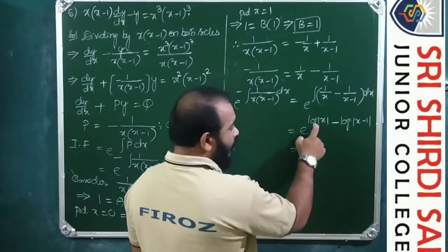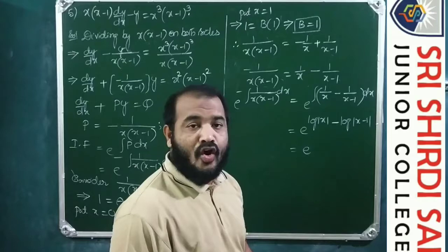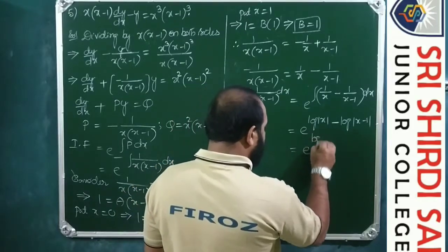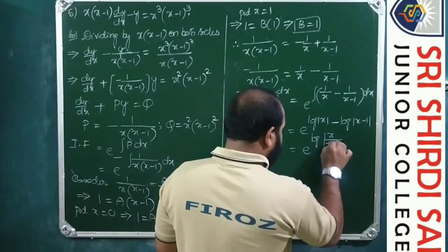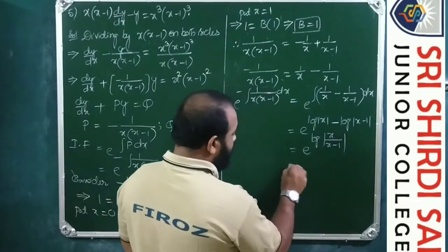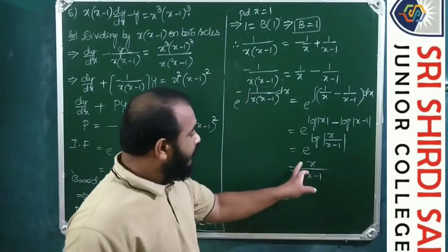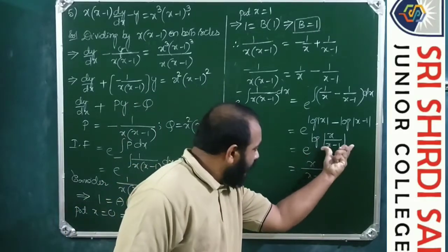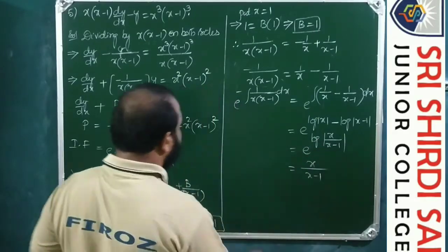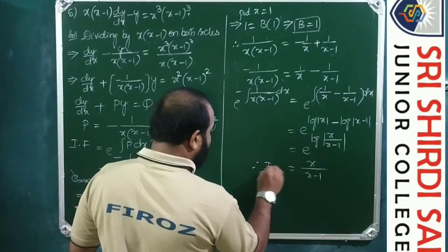So log a minus log b is log a by b. So log x by x minus 1. So this is simply x by x minus 1, since e power log f of x is nothing but f of x only. Now this is our integral factor.